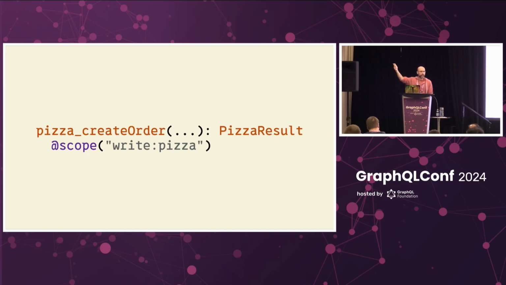Does this mutation need write pizza? Does this need whatever else? Is the return of this particular thing going to abide by the scopes? You can naturally do a bunch of this within your application. The problem is it's more easily overlooked there because now you have the other complexity of your actual business logic, and the schema is a bit more straightforward.